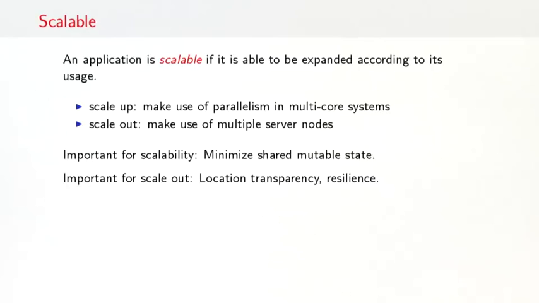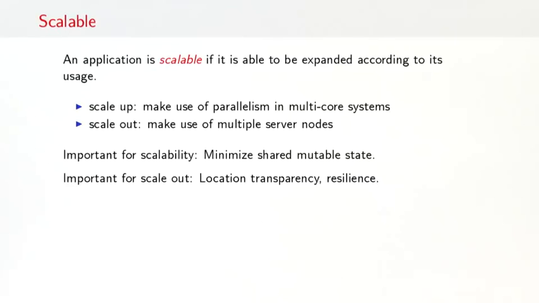The next property of a reactive system is being scalable. An application is scalable if it's able to be expanded according to its usage. And typically we distinguish two directions of scaling. There's scaling up, which means we make use of parallelism in multi-core systems, which become more and more common in computers today.